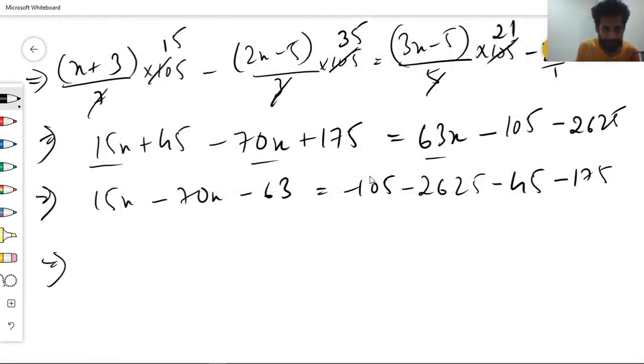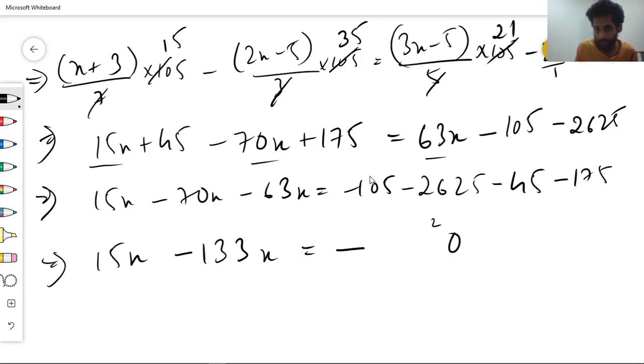So this implies 15x minus 133x is equal to, when we add all this, all are in minus, so we can add everything and the result will be minus 2950.